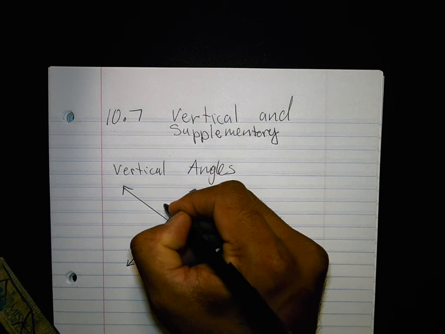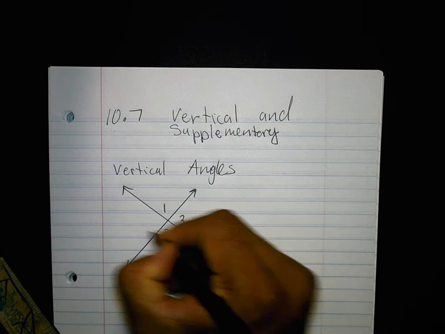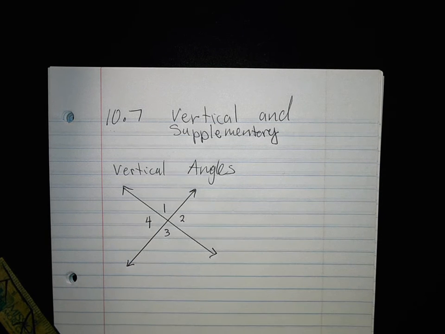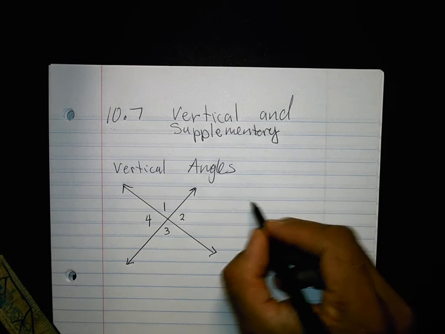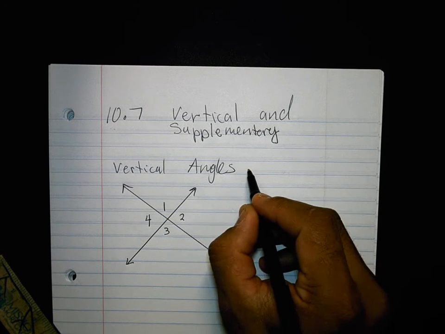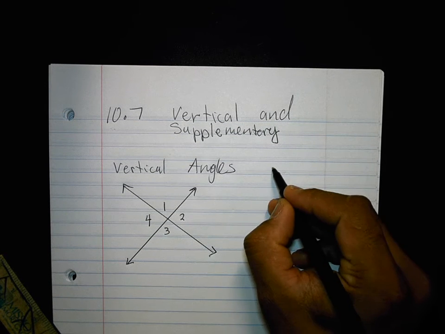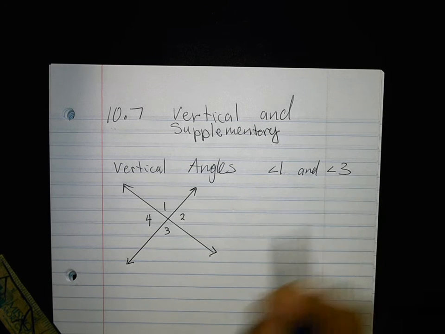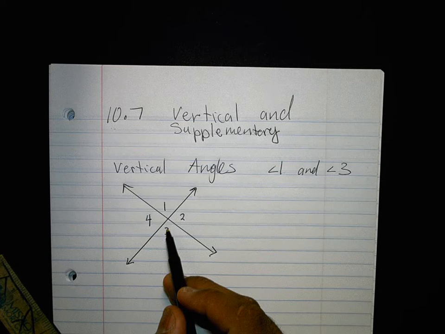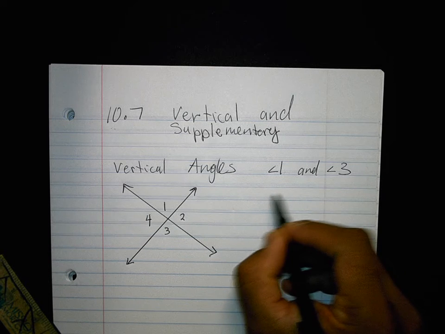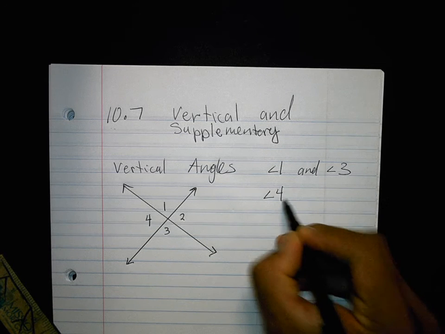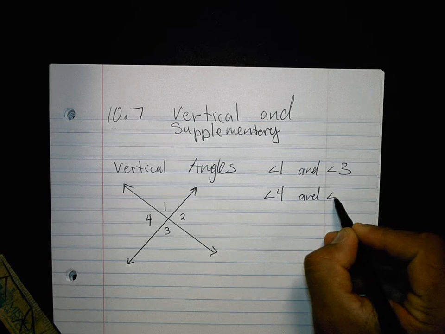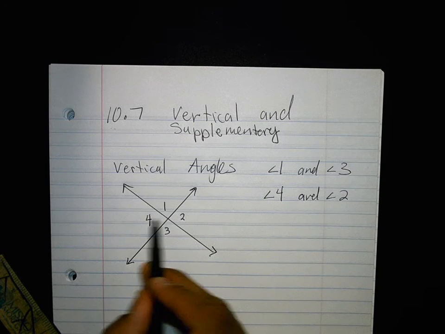So if I had angles 1, 2, 3, and 4, in terms of vertical angles, angle 1 and angle 3 are vertical because they're opposite each other. And angle 4 and angle 2 are vertical because they're opposite each other.